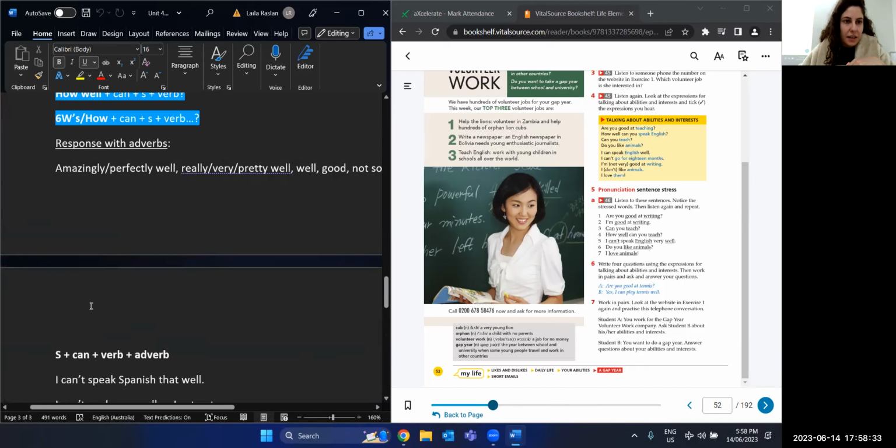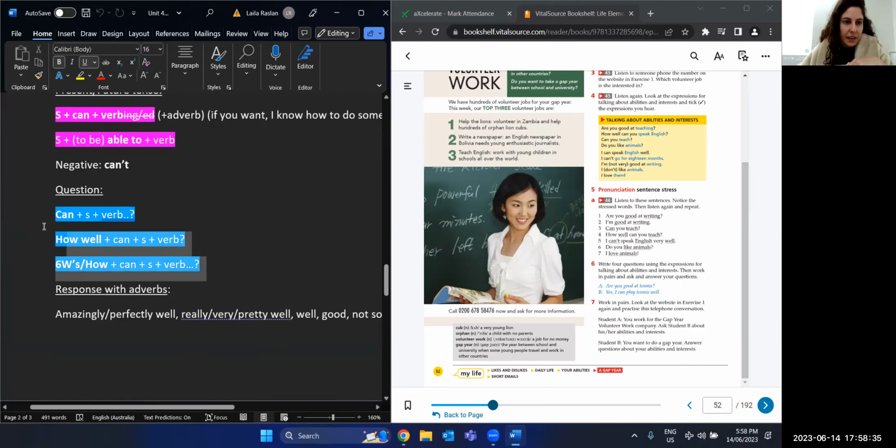So I think it's from here where we finished last lesson. When we ask a question with can, S means subject. Remember I, you, he, she, it, they, we. So can you do this action or activity? How well can you do the action? Do you like?